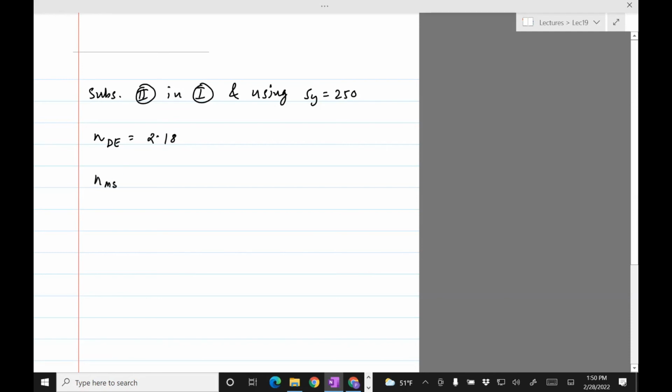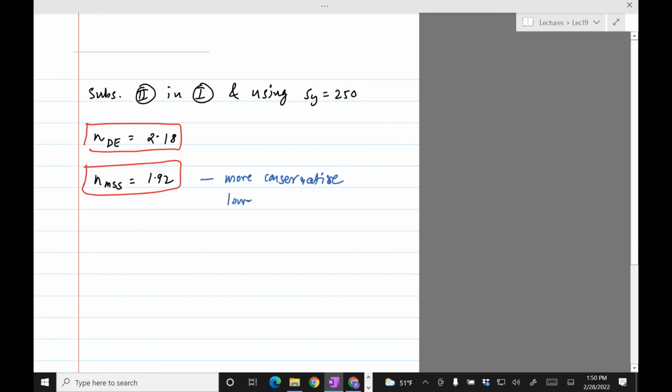And n MSS is 1.92. Okay, and you can see that this theory is more conservative. Lower n. Okay, so the lower the n is, the more conservative.